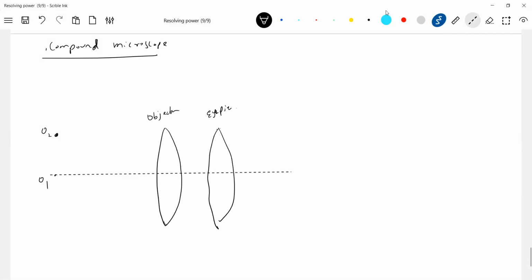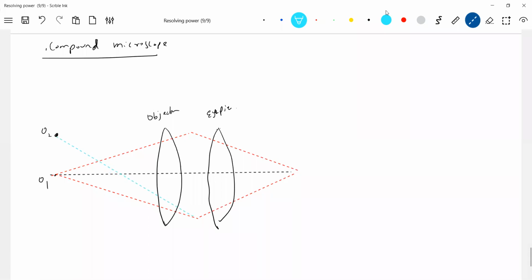So if it forms an image, then you can say that the microscope is able to resolve it, no?